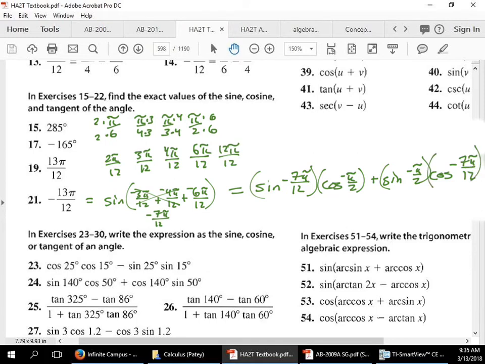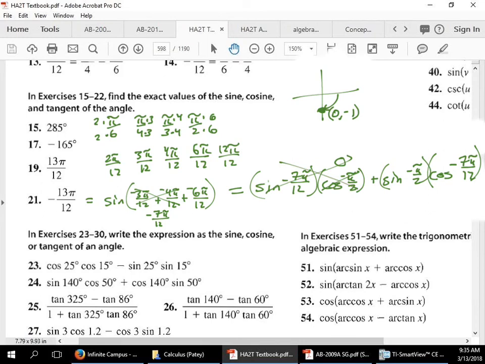Okay, things are about to get pretty. You guys don't believe me? What is cosine of negative pi over 2? Slowly think about that. Right here, it's 0, negative 1. What is cosine? 0. So 0 times this is 0, so this cancels out.